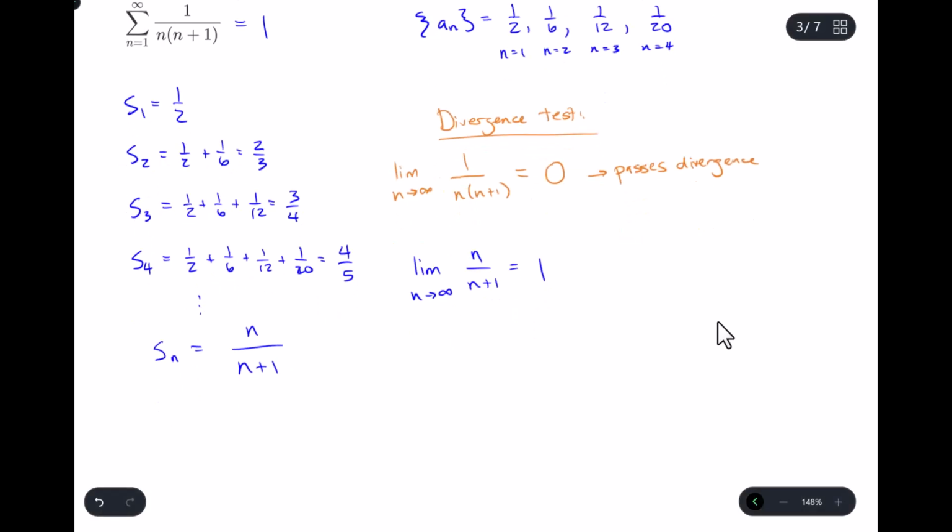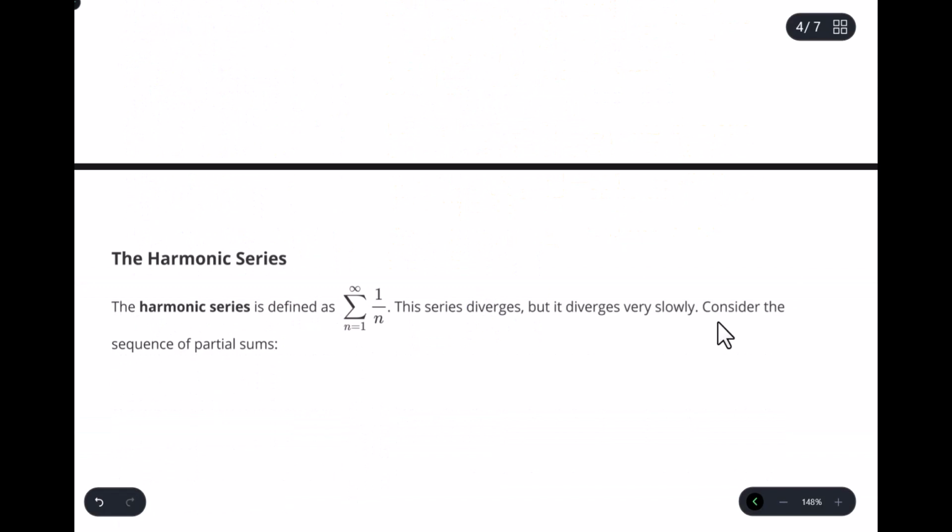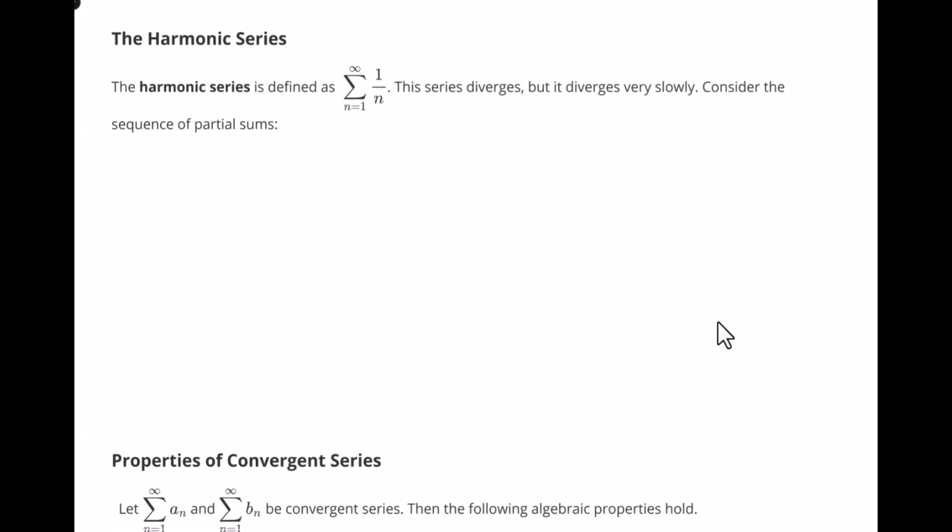I want to do one more here in this video, and this is a very common sequence that's studied here, and it was actually one that kind of baffled mathematicians for a while. So the first thing is, this is called the harmonic series, and it's defined as the sum of the first n terms of 1 over n.